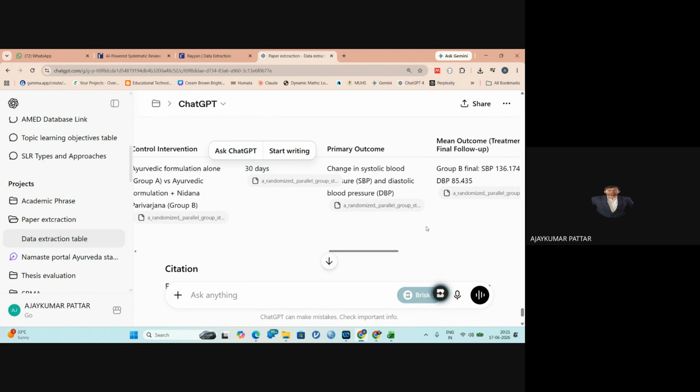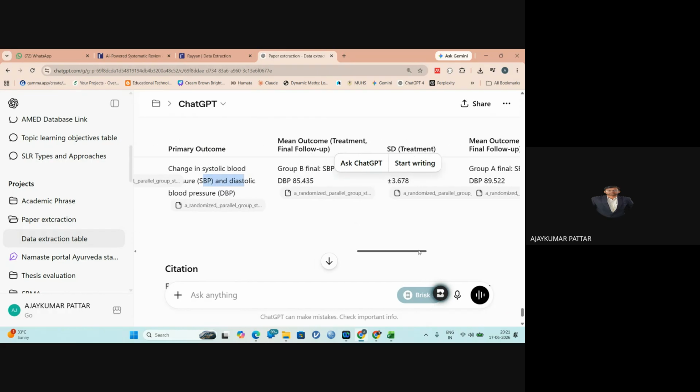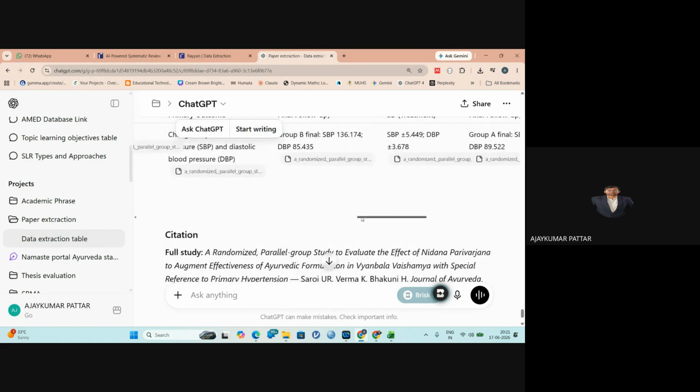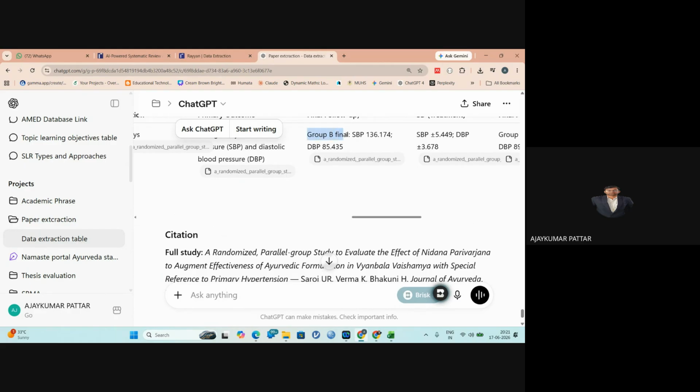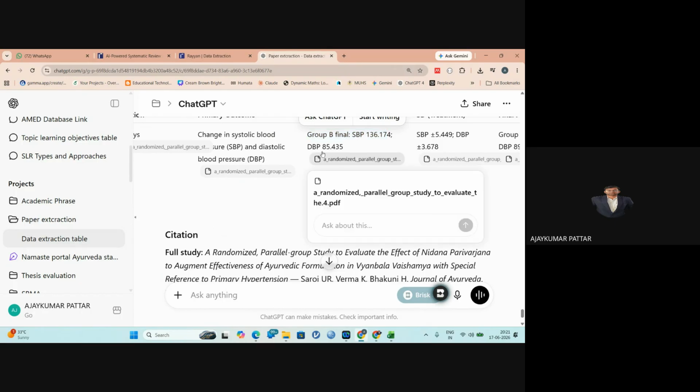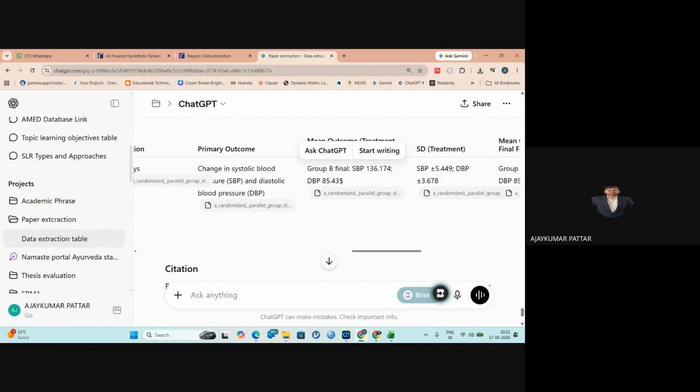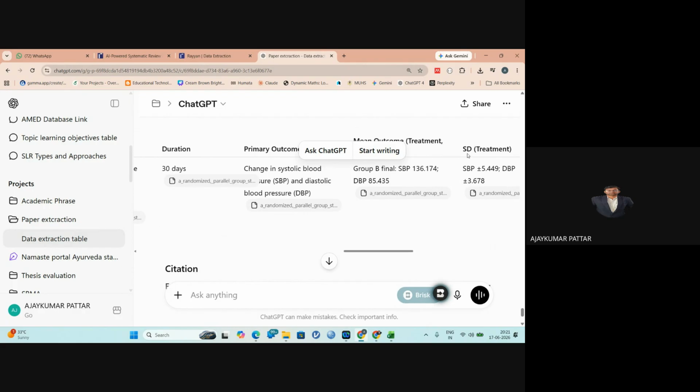The primary outcome they have mentioned is change in systolic blood pressure and diastolic blood pressure. Then mean outcome, what is the mean outcome? Group B, final SBP 136, 140.174, diastolic blood pressure. Standard deviation is given for the treatment group, so this one is SBP plus or minus 5.449 for diastolic blood pressure.